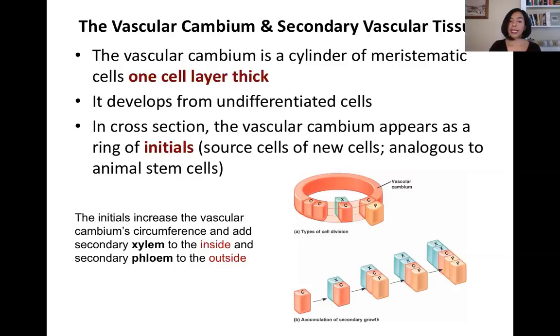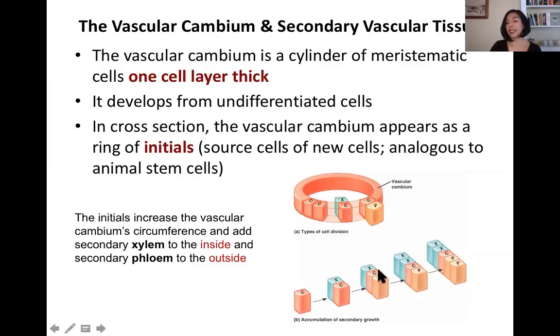Then the cell on the top, the blue cell with an X, differentiates into the xylem, whereas this one in red remains as the initial, or the vascular cambium type of cell. Now, in the next round of mitotic divisions, this cell is going to divide, but now the phloem is going to be formed towards the outside, and this other cell remains as the initial.